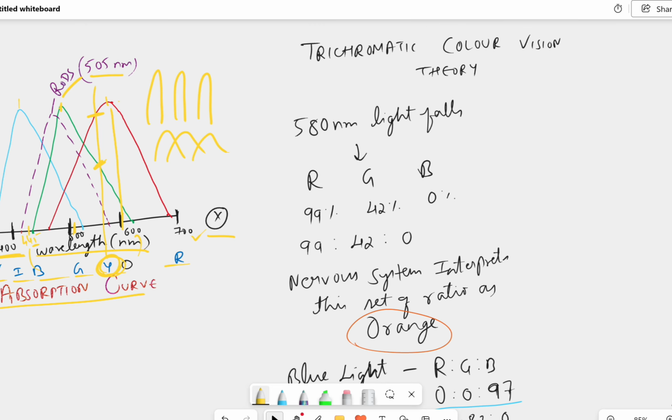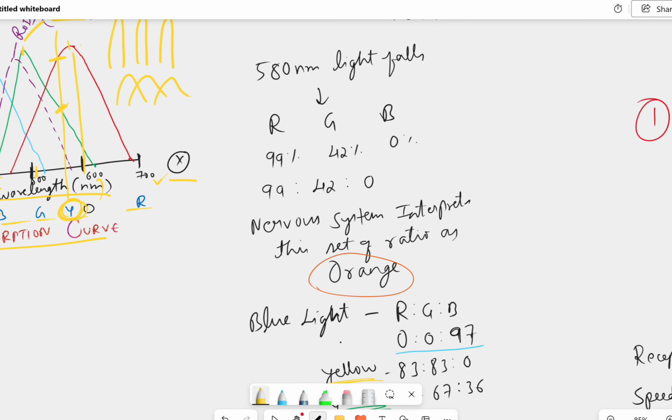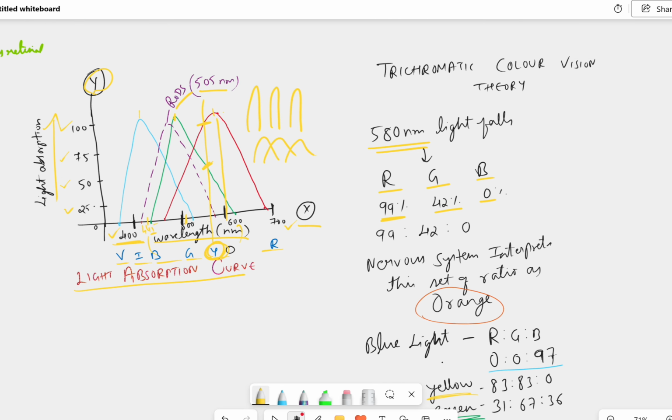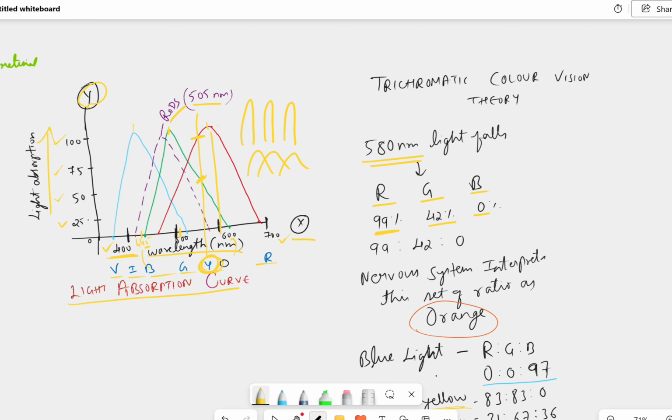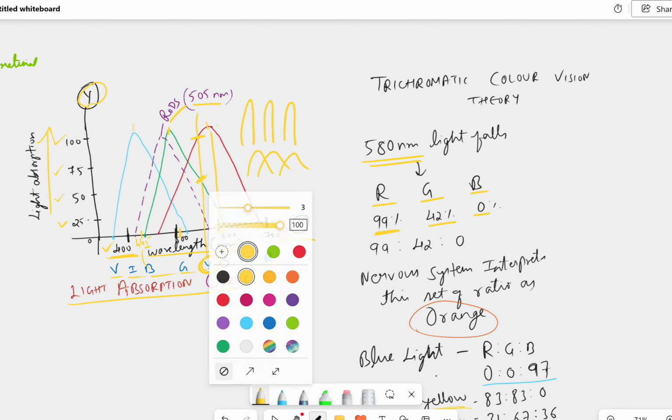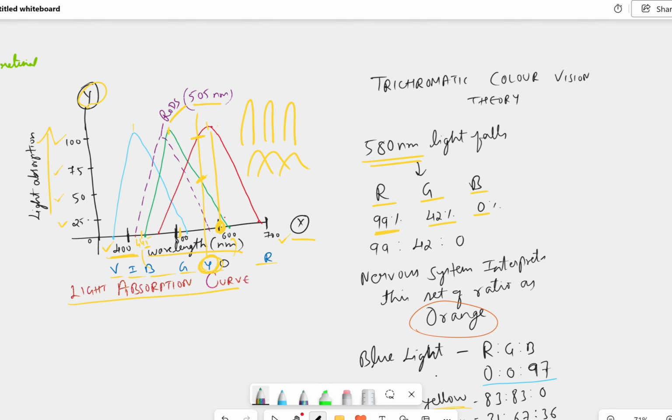Now I'll take an example here. At 580 nanometer light, remember, the red cones are stimulated up to 99% of stimulation value, green is 42%, and blue is not at all stimulated. If you go back to this graph, 580 nanometers falls somewhere here, between 500 and 600.